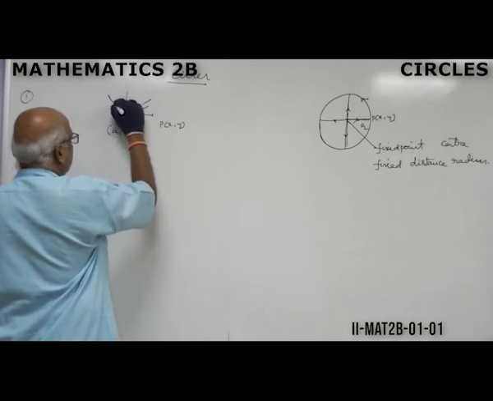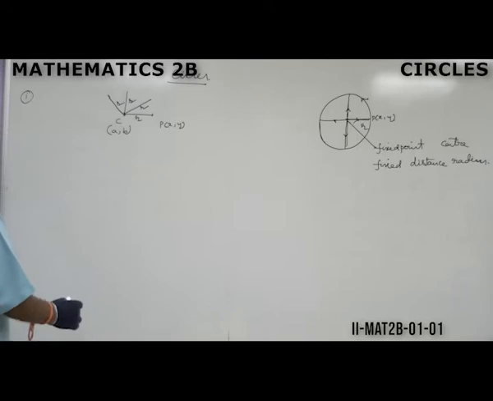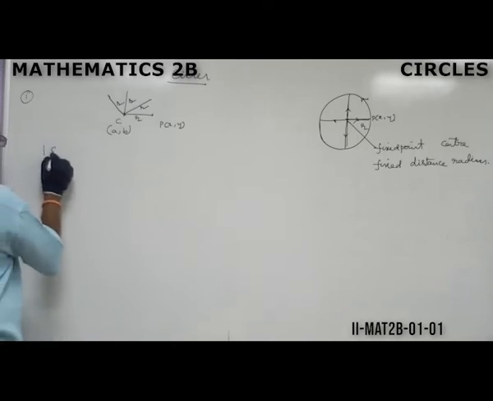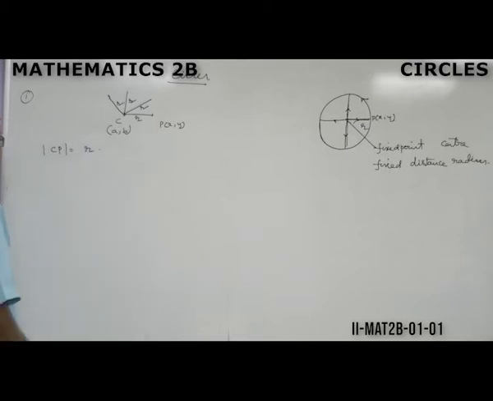And here also this length is r. So under this condition, the distance between C and P is equal to how much, sir? r. Squaring on both sides.